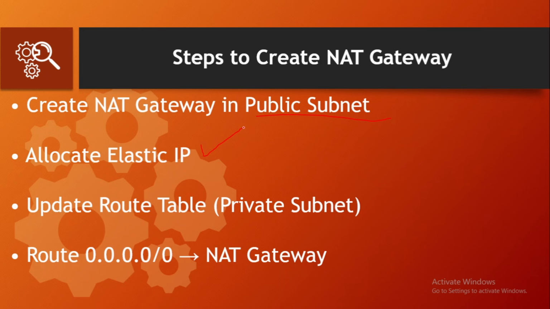This is required so that the NAT gateway can communicate with the internet. Third, go to the route table which is associated specifically with the private subnet, and finally we add a route for the internet which is directed to the NAT gateway. This tells AWS that all internet bound traffic from the private subnet should go through the NAT gateway.